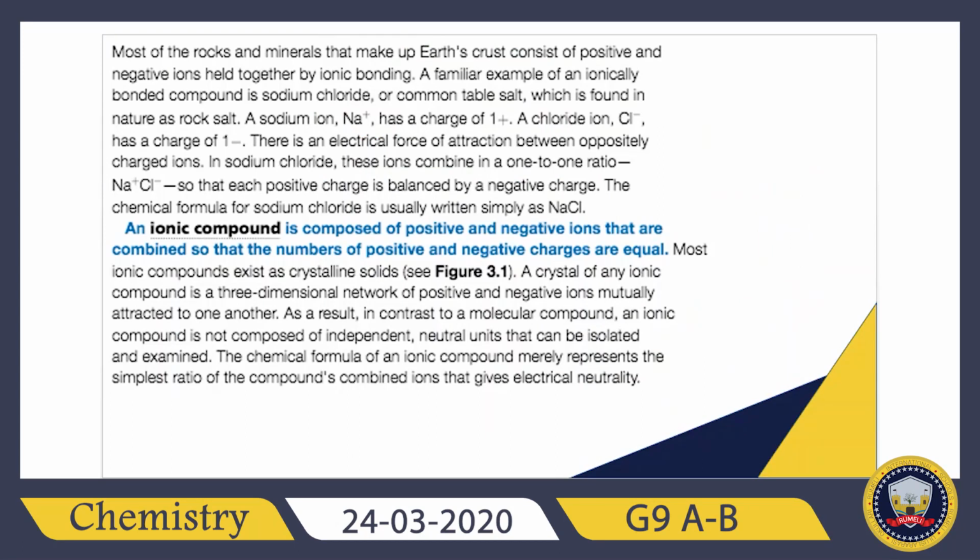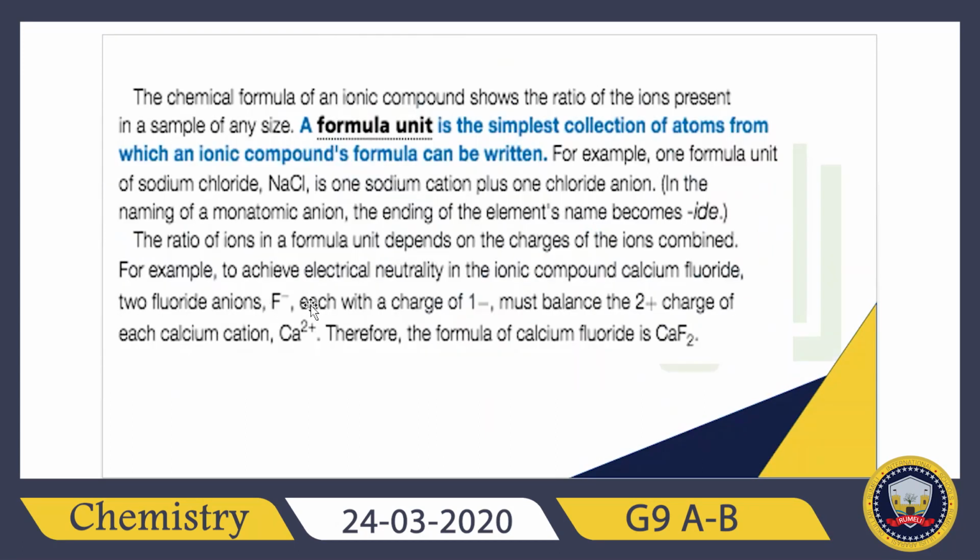So let's continue. Now, the chemical formula of an ionic compound shows the ratio of the ions present in a sample of any size. So when I say a formula unit, what is it? It is the simplest collection of atoms from which an ionic compound's formula can be written.